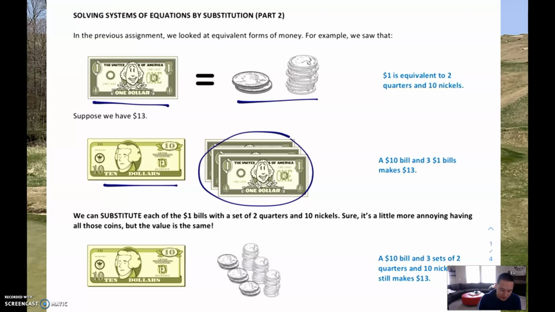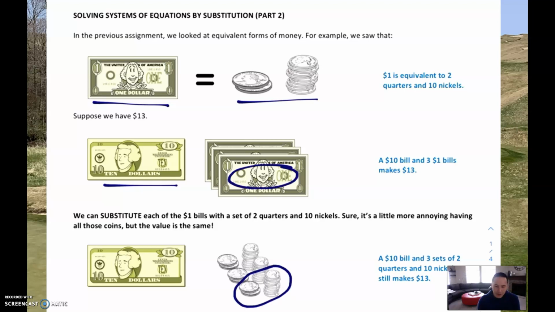It makes $13. Well, hypothetically, you could replace this dollar with a set of coins. You could replace the dollar with something that's a little bit messier, 2 quarters and 10 nickels. And then you could replace that other dollar that's behind it with another set of coins, and replace this dollar here with another set of coins.